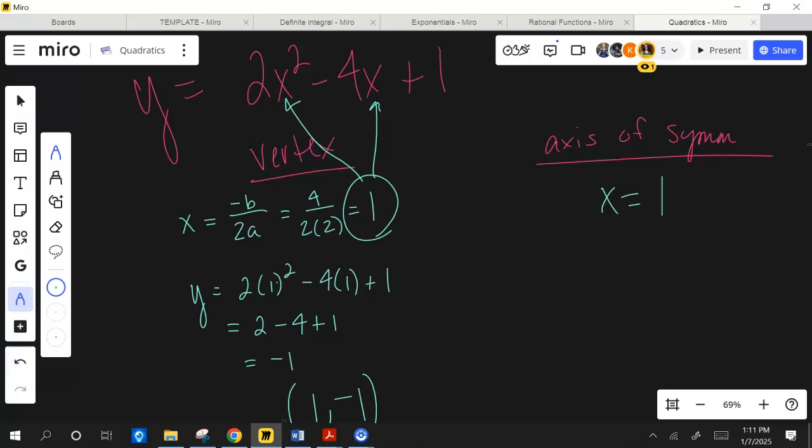You have to square first, and then multiply. I did the vertex and I got 4/4, which was 1, but I had to plug it back into the formula to find the y. So for order of operations, I have to square this, so it's 1 squared, so then this is really 2 times 1, which is 2, right, and then you go left to right.